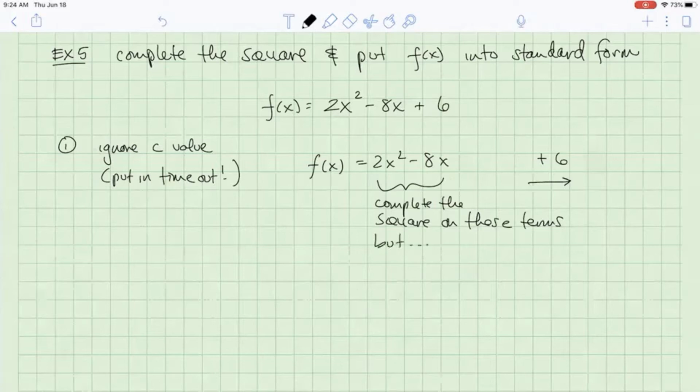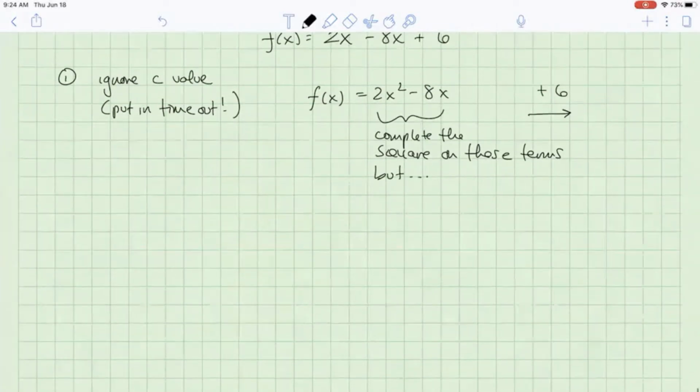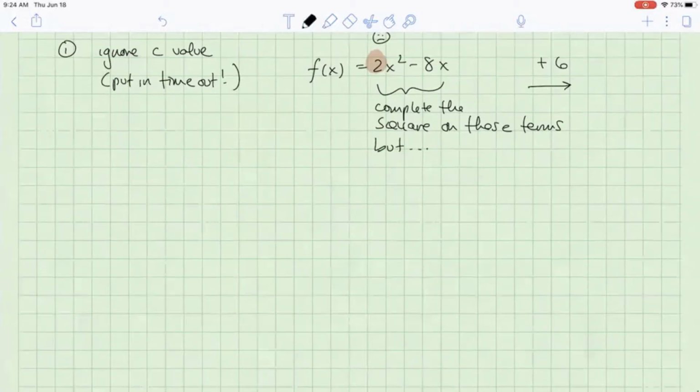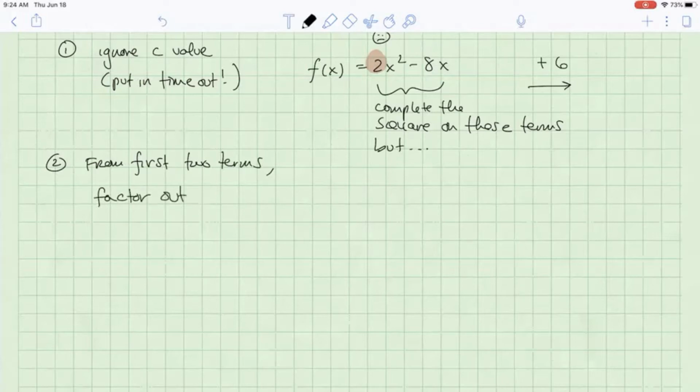But in order to do that, you need that leading coefficient to be a 1, and it's a 2. So this is bad news for us. Unhappy. So the second thing that you're going to do is, from your first two terms, factor out your a value, what is sometimes called the lead coefficient.